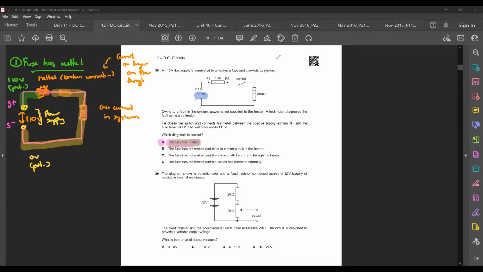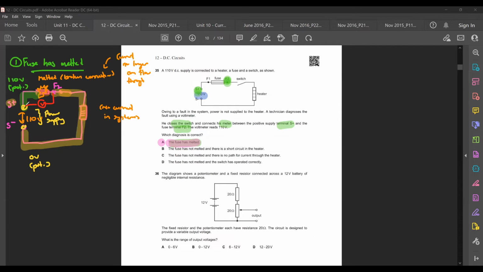Okay. So you look at what the question described. They tell you the technician connects his voltmeter, he closed the switch already. He connects his voltmeter between positive supply terminal S plus and fuse terminal F2. This one, S plus and F2. This is where he connects his voltmeter. So if this one was S plus, and this one here is F2, you can try to imagine a voltmeter connected between these 2 points.